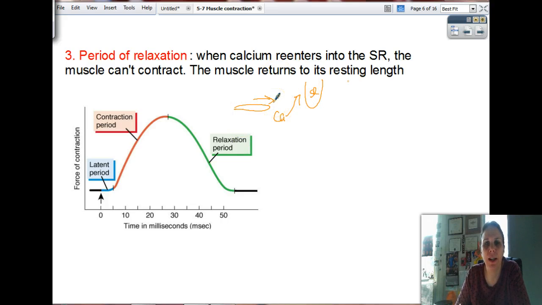During this period, if I stimulate the cell, like an action potential goes by, since there's not enough calcium inside of the sarcoplasmic reticulum, no more calcium will come out. So during this period, I cannot have a contraction. So if my brain says, move, nothing's going to happen because I have to wait for the relaxation. But right there, if I do it again, all my calcium's back and I can do it all over again.